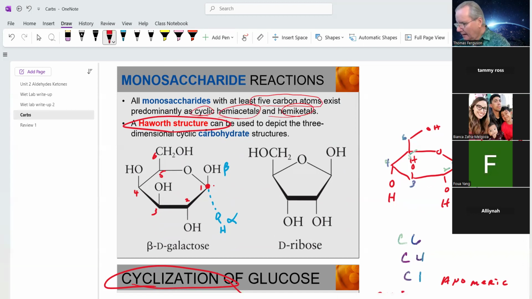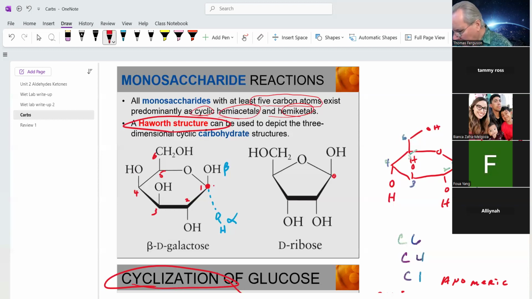So we always put the anomeric carbon on the right. The anomeric carbon is carbon number 1. In the case of fructose, it's carbon number 2. I'll show you that in a minute.